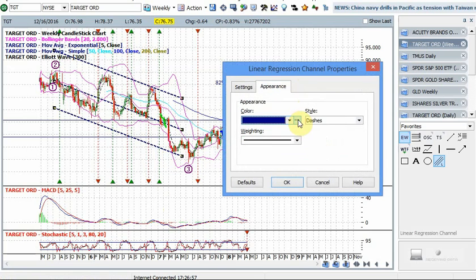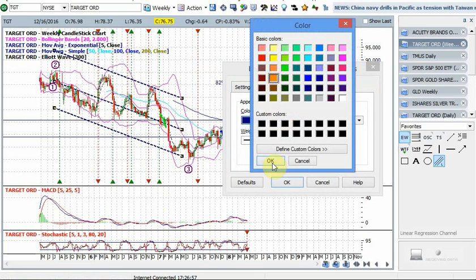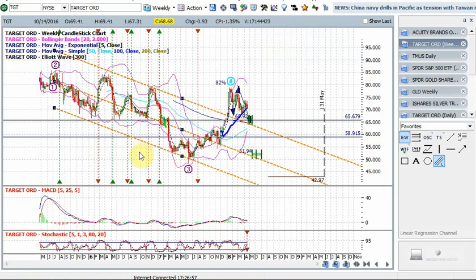It recently did a bullish retracement, but now it appears to be continuing that downward trend again.